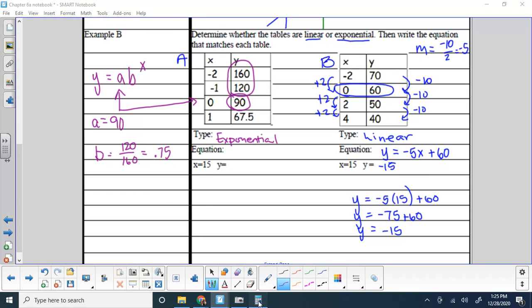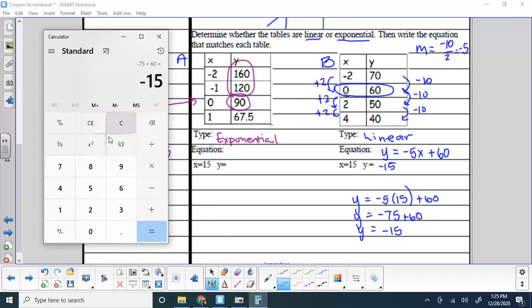Now, I always encourage my students, double check that it's working out. So to check this, I would take 160 times 0.75. And when I do that, I should get 120 out. I do. Now, if I multiply that by 0.75, I should get 90 out. Again, I do. And when I do it one more time, I should get 67.5 out.